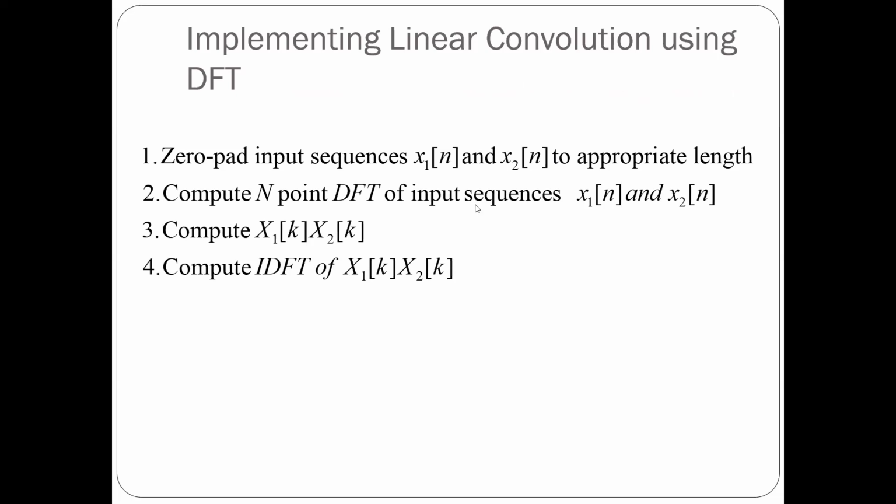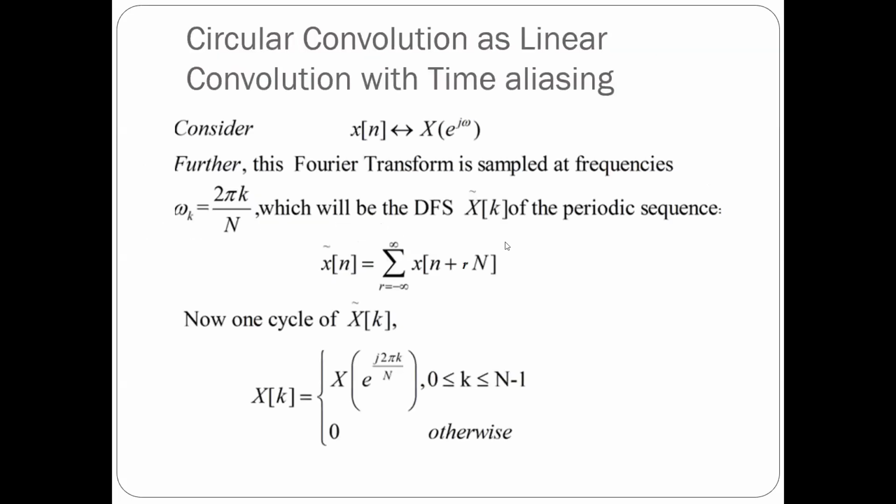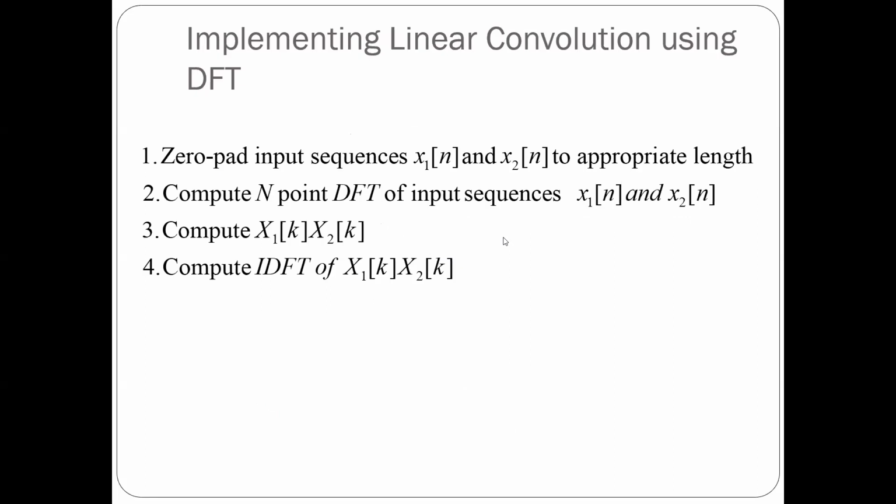Compute the N-point DFTs of x1[n] and x2[n], that is X1[k] and X2[k], then compute the product X1[k] times X2[k], and then compute the IDFT. This should give you the linear convolution of x1[n] and x2[n] if they have been properly extended to the appropriate lengths. Right? So now we will prove this statement.